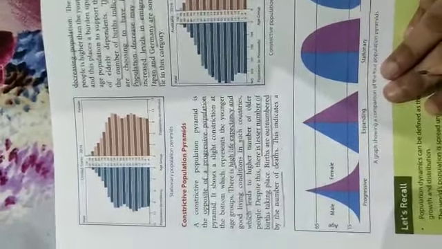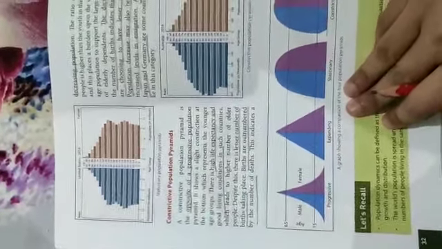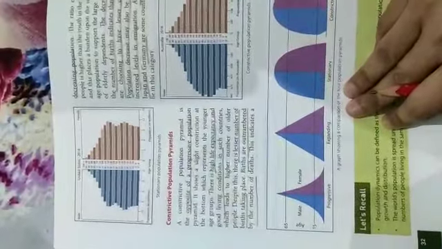The last one is constrictive population pyramids. It is just the opposite of the progressive population pyramid. It shows a slight constriction at the bottom, which represents the younger age group.